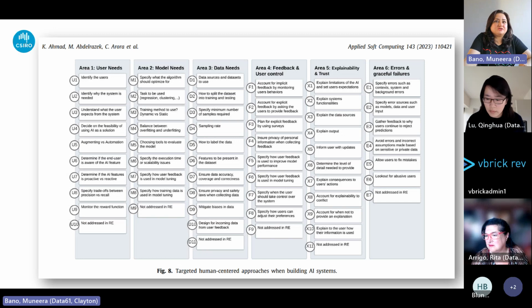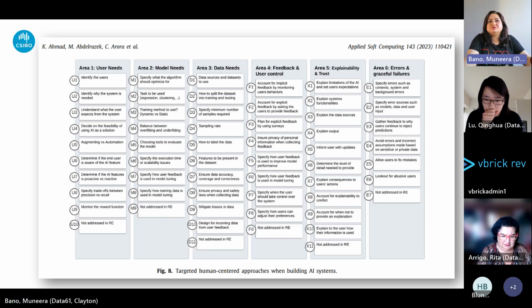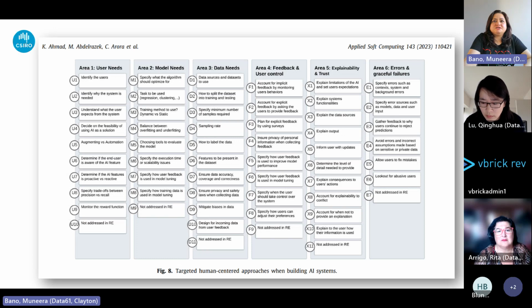They were based on needs specifically related to data and uncertainty. There is a long list of further considerations to take into account when building AI systems from a human-centered approach, which you can see on the slide.